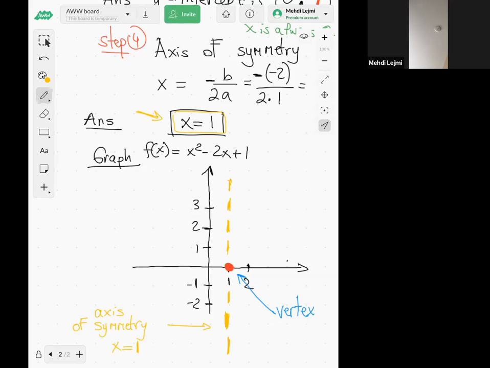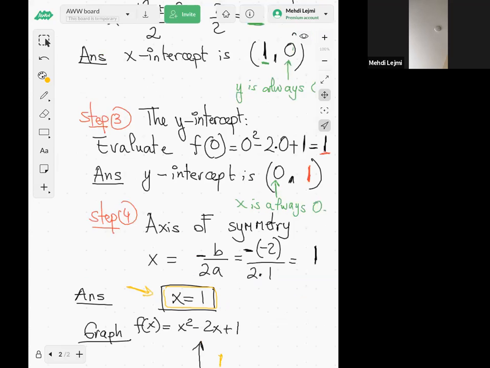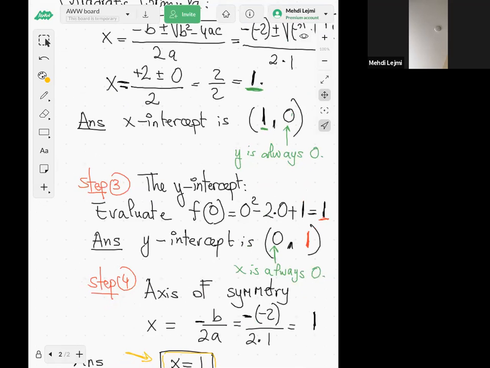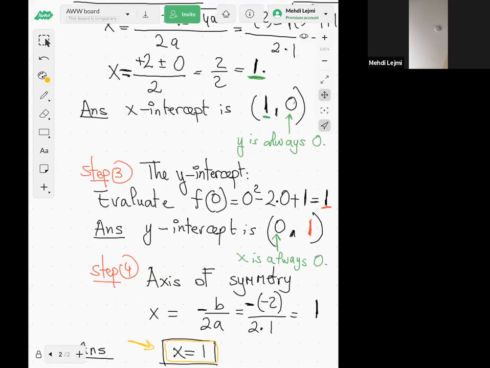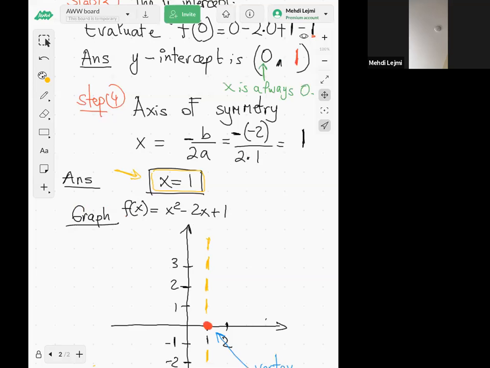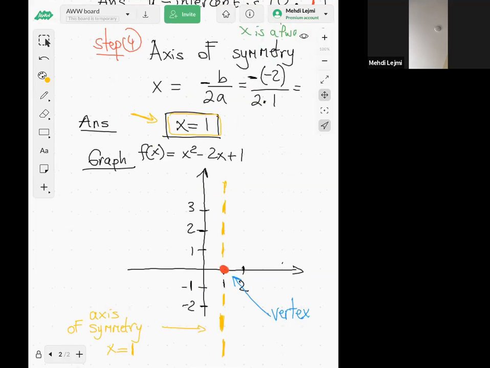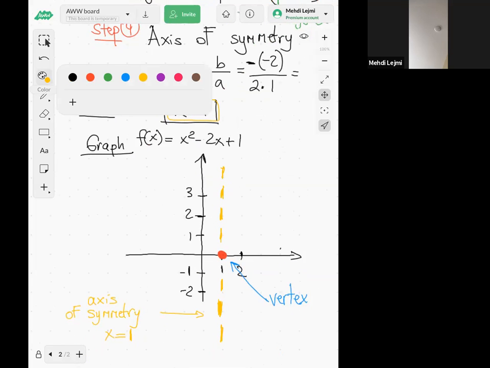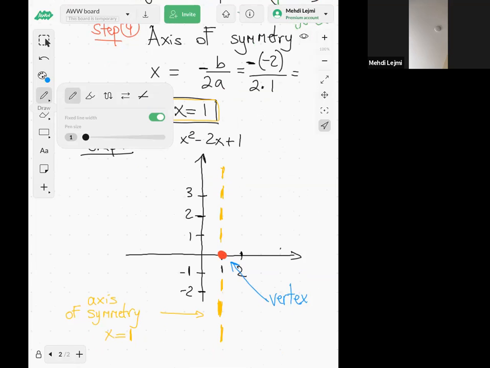Now I'm going to plot the x-intercepts and the y-intercept. The x-intercept is (1, 0), which is the same as the vertex. So the vertex is the same as the x-intercept.